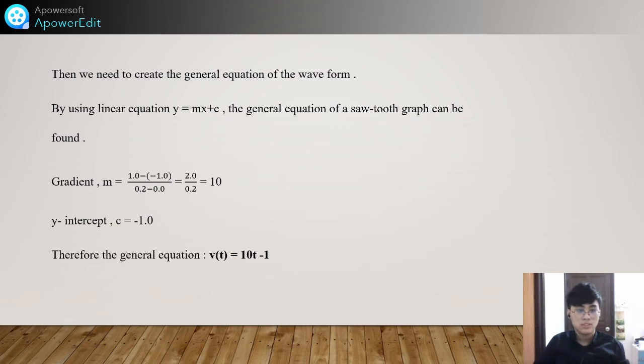First of all, we need to find the gradient. After calculating, we get the gradient 10, and we can also find the y-intercept, which is minus 1.0. Now we substitute these two numbers into the linear equation, so we get the general equation, which is v equals 10t minus 1.